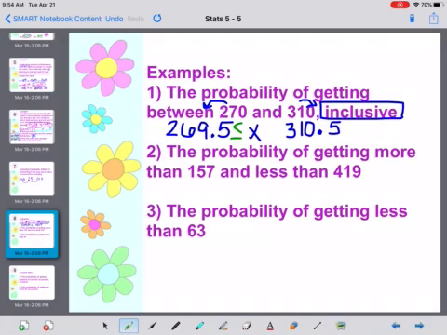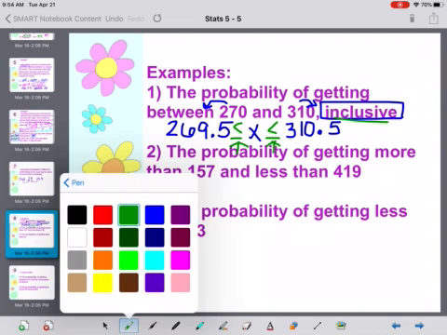So X has to be greater than 269.5, but it's written backwards, so that's why I wrote a less than sign. And then this way, less than or equal to 310.5, because if it's all the way up to 310.5, it's going to round back down into 310. So inclusive means that you put the equals underneath your inequalities.